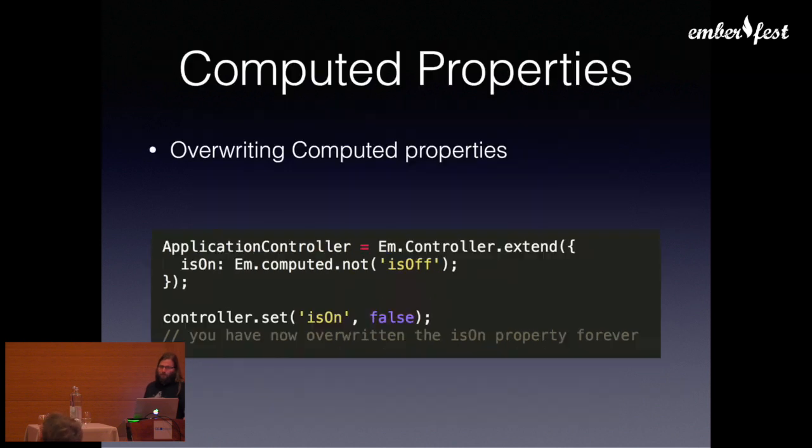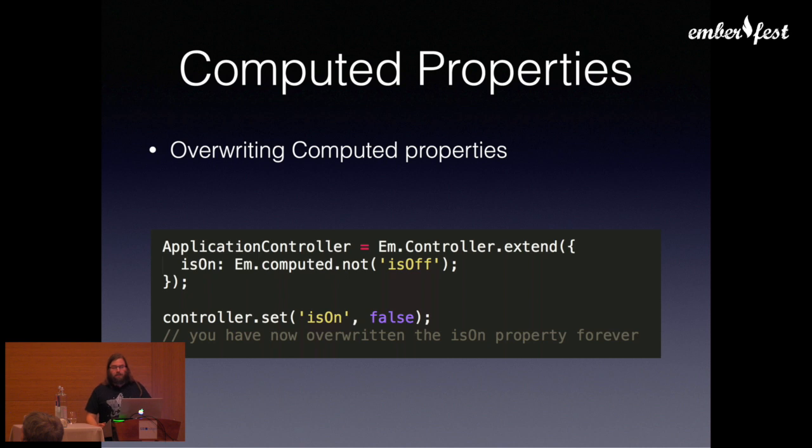Overwriting computed properties can lead to some subtle bugs. If you set a property like isOn to a computed property, or you just give it a normal property definition, and then you call .set on that object and set it to something else, the computed property is gone. And that can be really confusing.